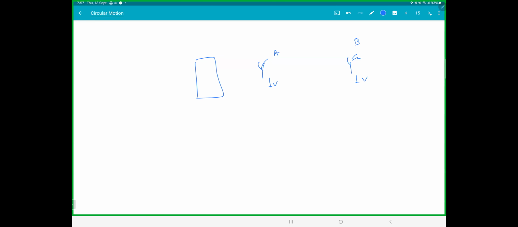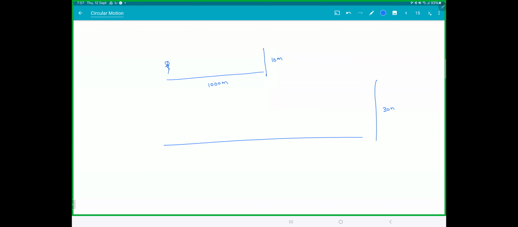The thing is, you are actually not looking at lengths. Suppose I have a tree of 10 meters and you're observing it from a distance of 100 meters, and let's say we have a tree of 30 meters which you're looking at from a distance of 1000 meters. So this person will think the angle subtended theta is 10 by 100, which is 1 by 10.